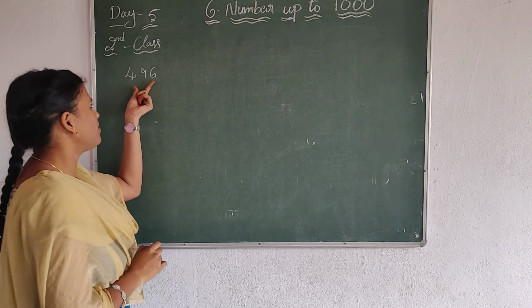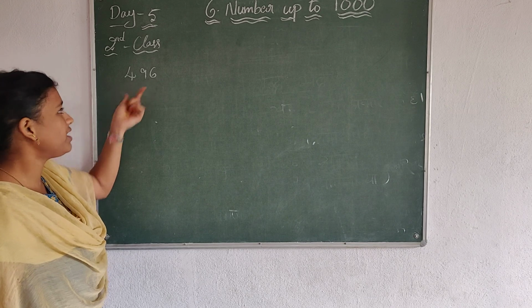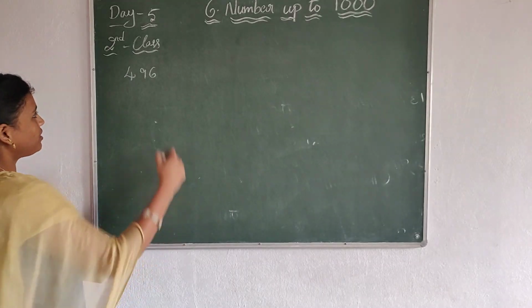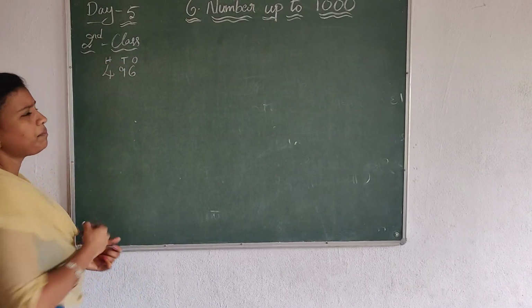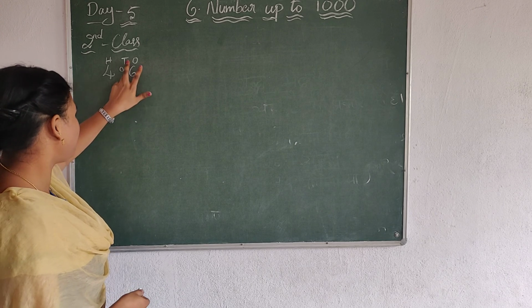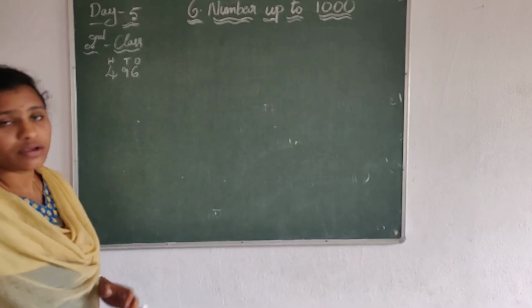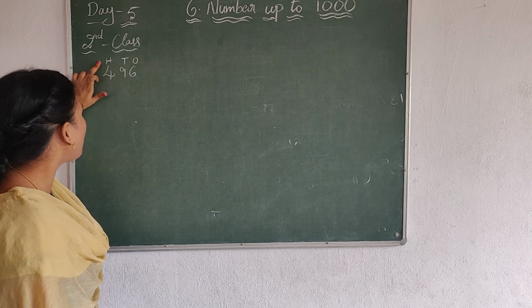496. First, read this number. What is the number? 496. How to read? If you don't know how to read, just give the place values first. This is the ones place, this is the tens place, this is the hundreds place. So read now. How many hundreds are there? 400.